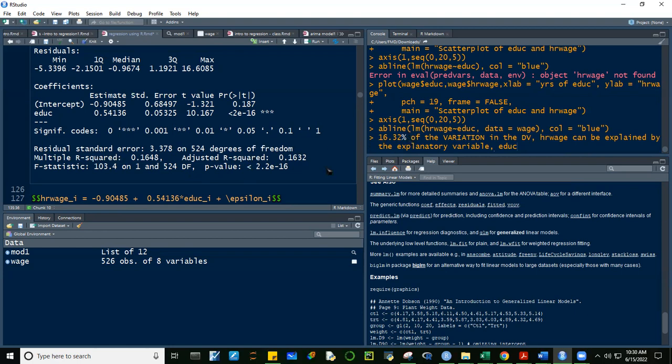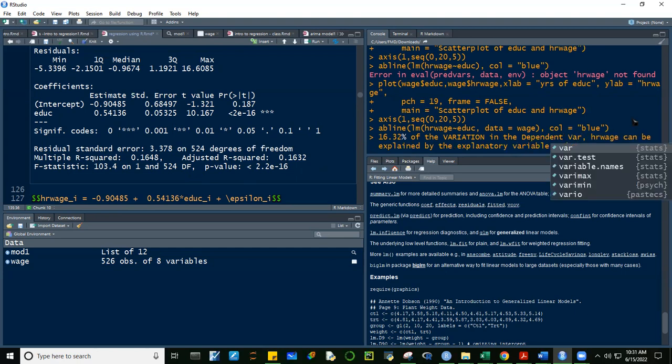Okay, 16.32% ito of the variability in this dependent variable, which is hourly wage, can be explained by the explanatory variable education. 16.32% lang ang kayang i-explain ni education on the variability of your dependent variable hourly wage. Now, ano nangyari dun sa 83+%?